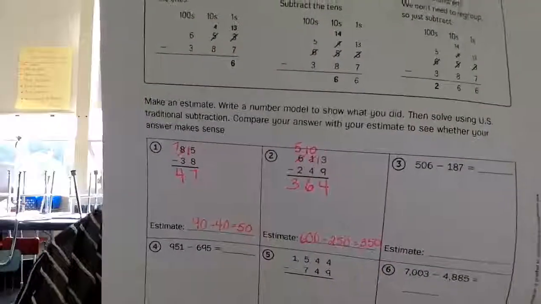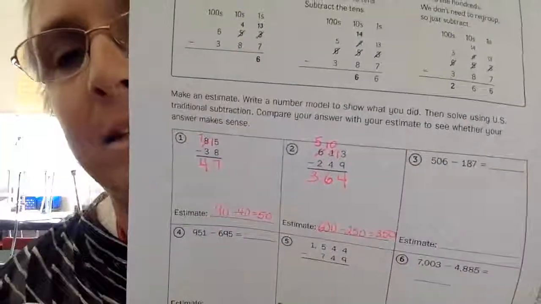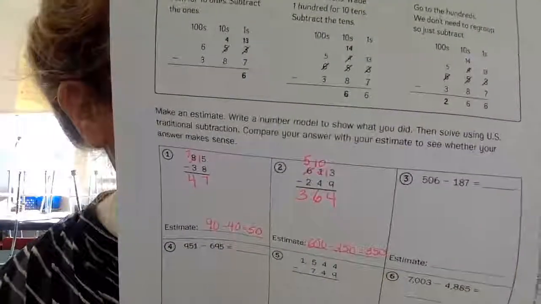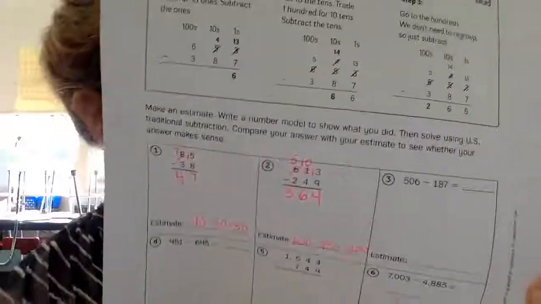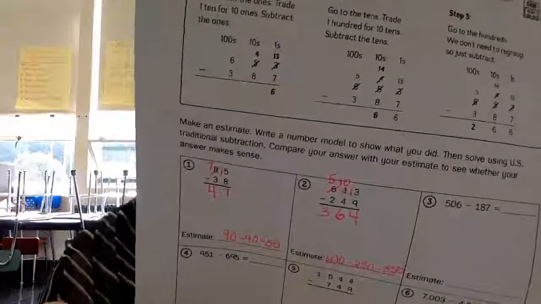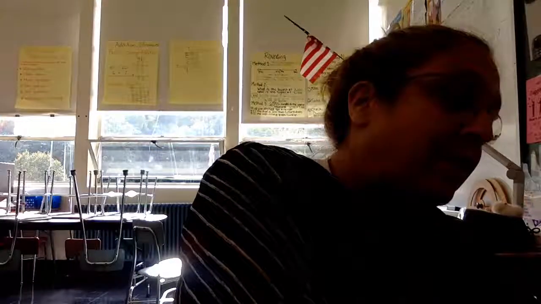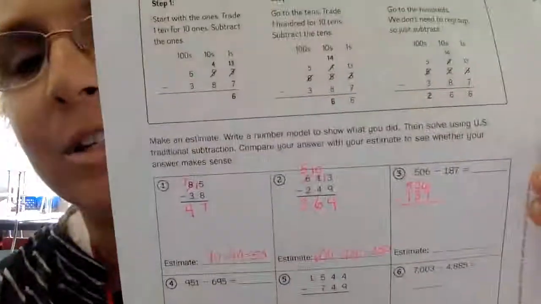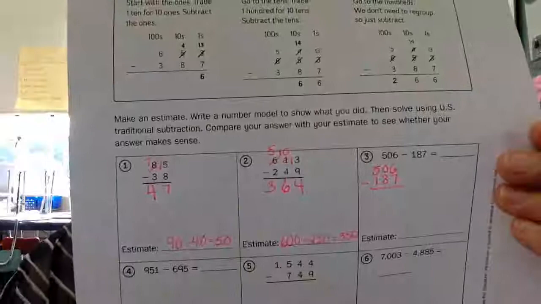So now this one is written horizontally, and that makes it difficult. So now we're going to rewrite it vertically to make it easier for us to solve using the U.S. traditional method of subtraction. So 506 minus 187, because I need to use precise mathematical language also, just like we practice in class.